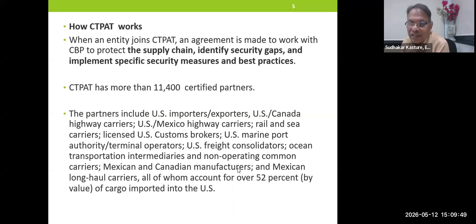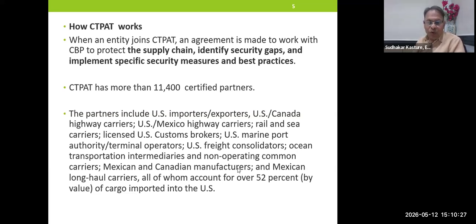और इसकी जब शुरुआत हुई तो an agreement is made to work with customs to protect the supply chain, identify security gaps, implement specific security measures, and follow the best practices. Today, in the CTPAT program in the US, you have more than 11,400 certified partners. Who are these partners?